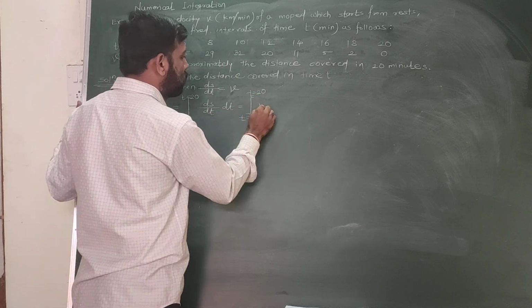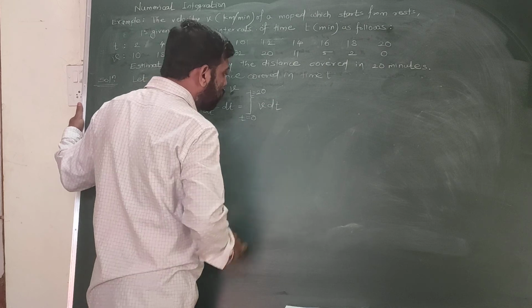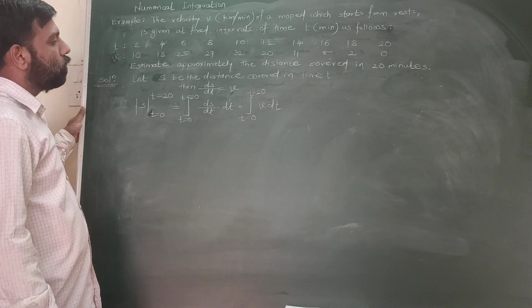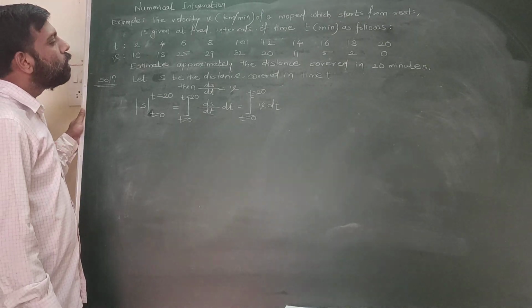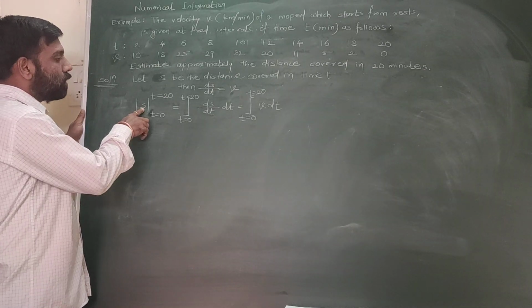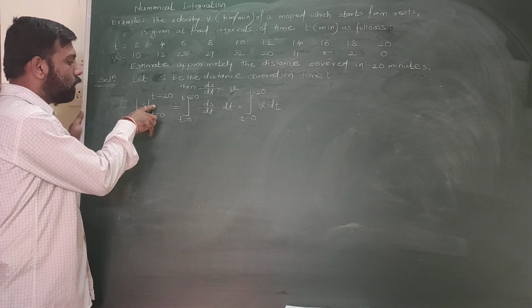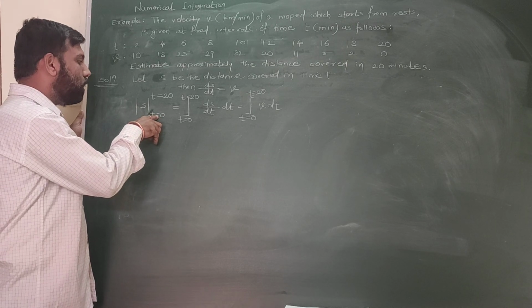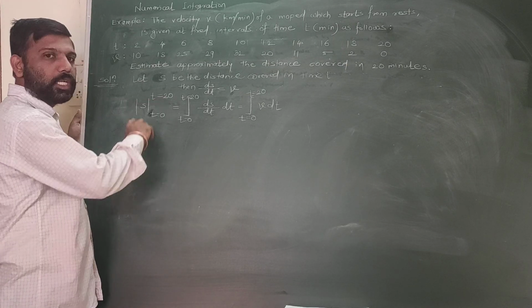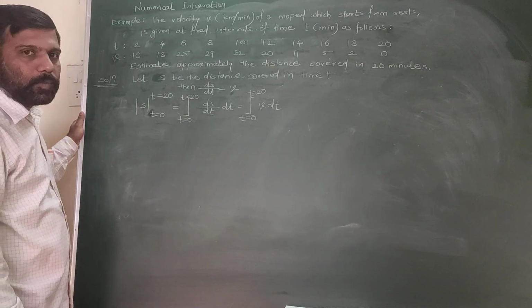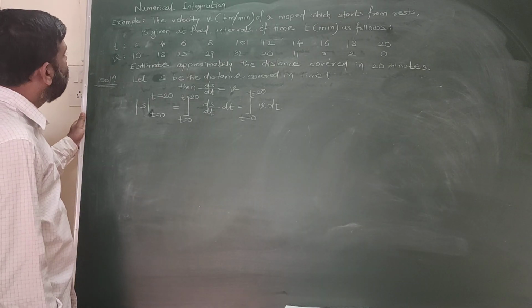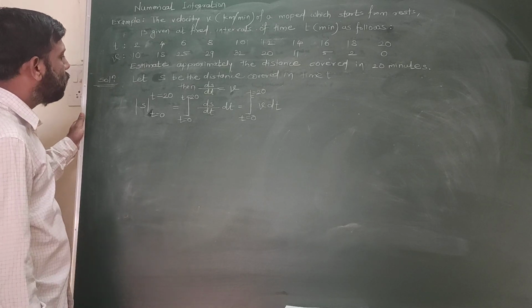It is velocity, with the integration operator being t. Now this gives us s, the distance covered in the time period t equals 0 to t equals 20. We have three parameters in the discussion: time, velocity and the distance.